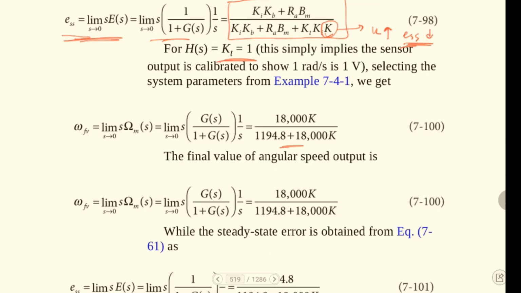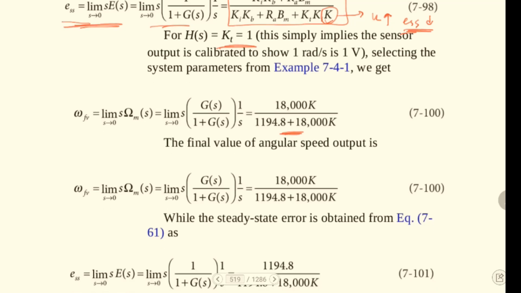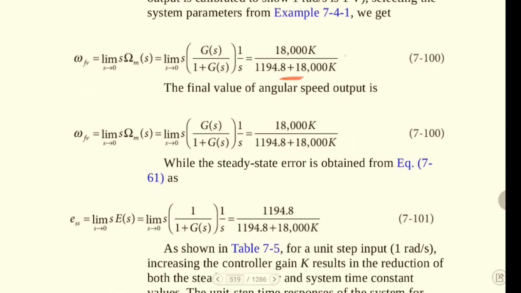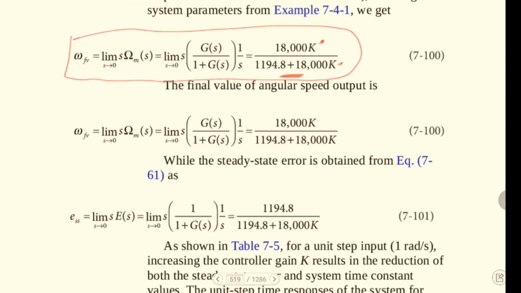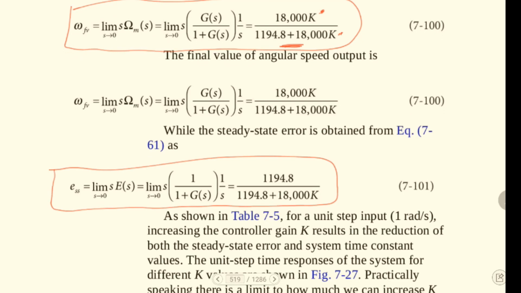If you put the values of the DC motor from the last lecture into these equations, you can get the final value of the speed like that. Here we have the k value, the controller gain. For the steady state error, you can easily get these equations.